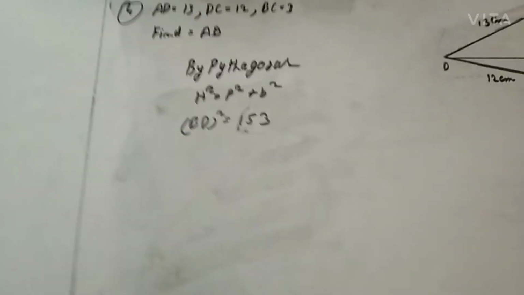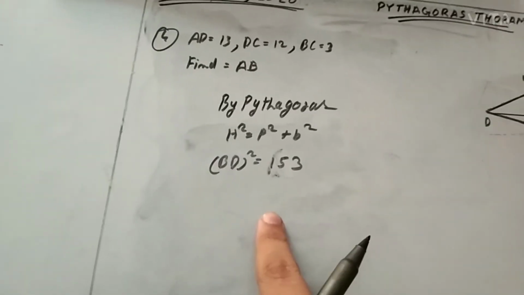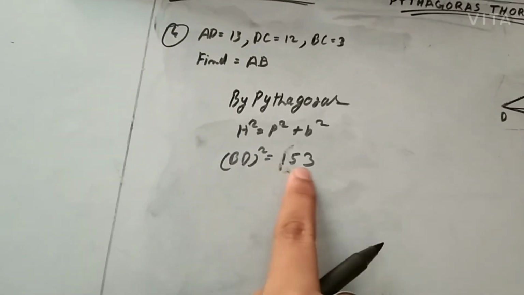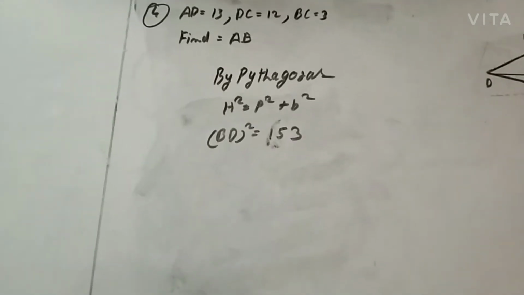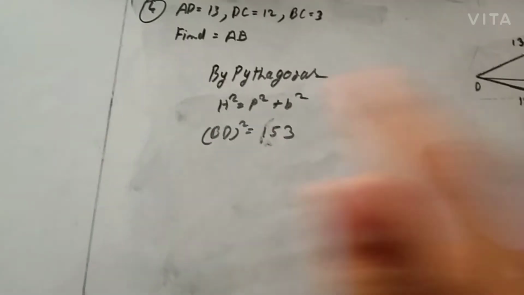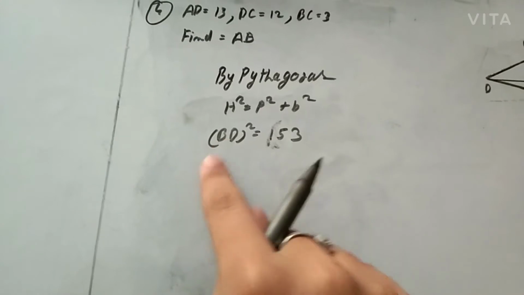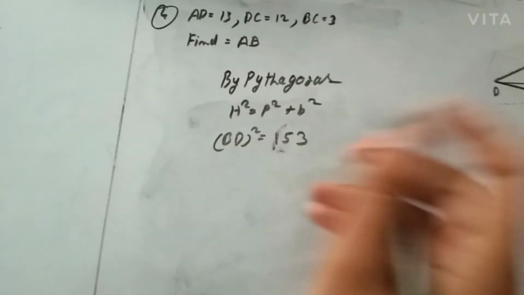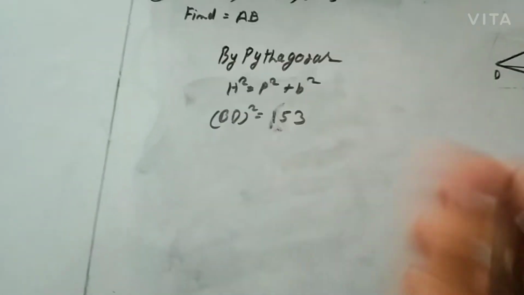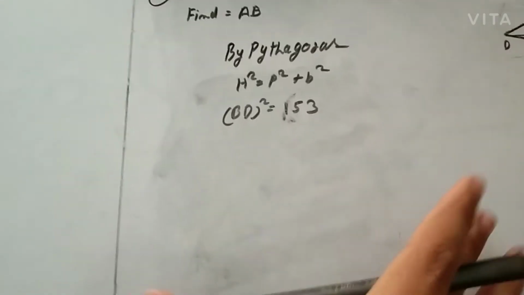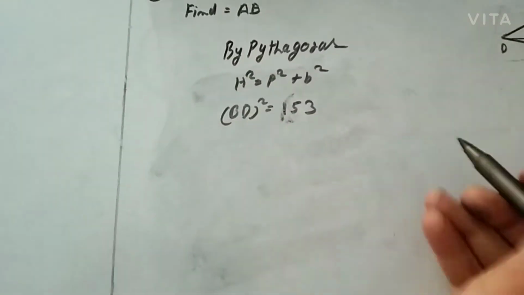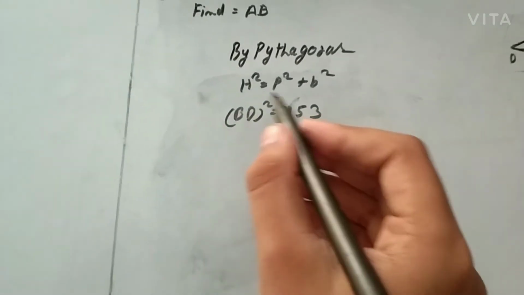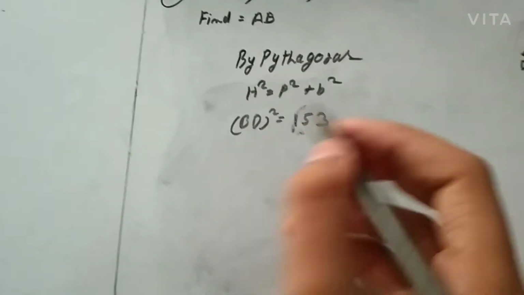To do the sum perfectly, we will put BD square directly as 153. We will not convert it, but put it as it is in the formula. So again, h square equals p square plus b square.